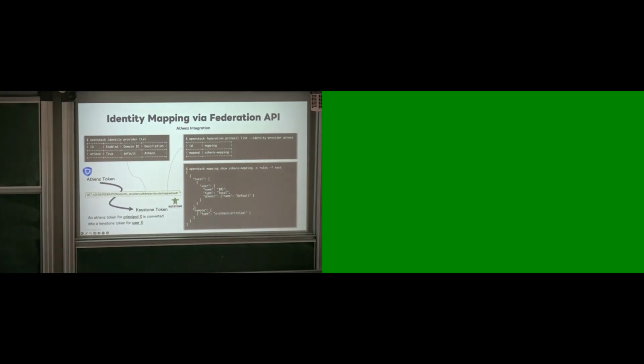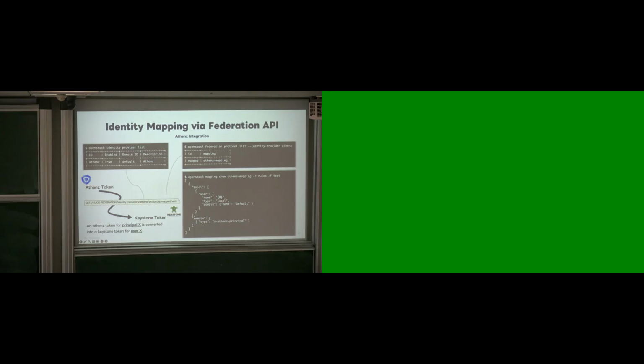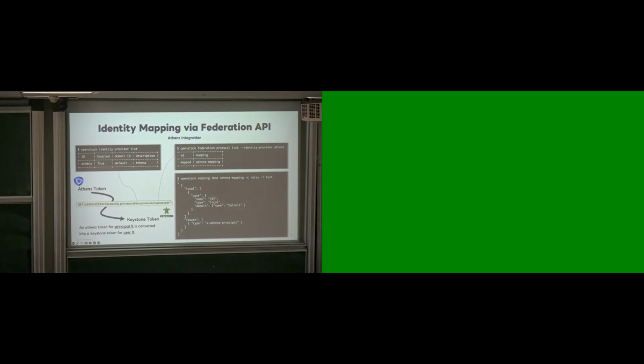For this identity provider Athenz, we set a federation protocol called mapped. We then define the mapping within this configuration. Through this configuration, the Athenz principal X is mapped to the corresponding Keystone user X. Then, this converted Keystone token can be used to access OpenStack APIs.